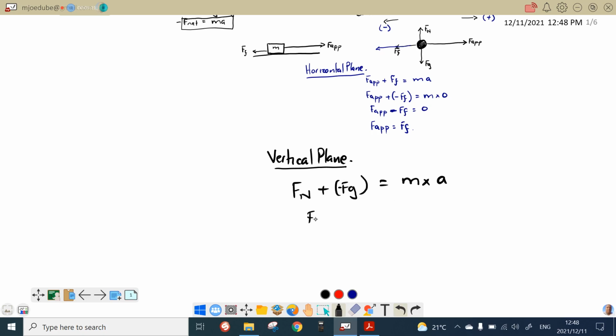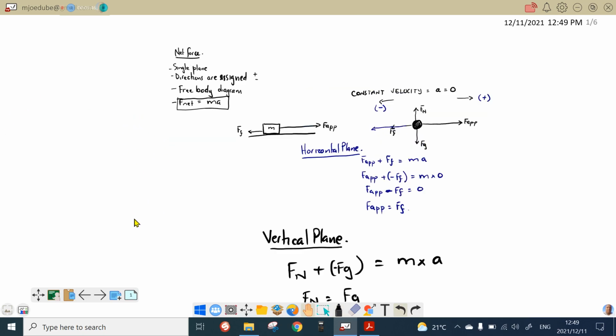That would mean that my Fn is going to be equal to my Fg. In other words, there is no movement in the vertical plane. So my Fn is equal to Fg, and that is what is going to be the net force along the vertical plane.